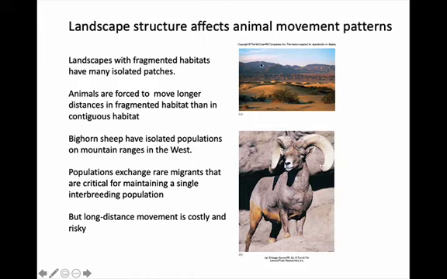The bighorn sheep live in the mountains here, but in order to move from one mountain range to another, they have to cross these desert valleys. So the larger the mountain range, the less moving they have to do. The larger the desert valleys, the more isolated these mountains are, as you know from our previous discussion of island biogeography, and the greater the distance they have to move, and the more difficult it is.